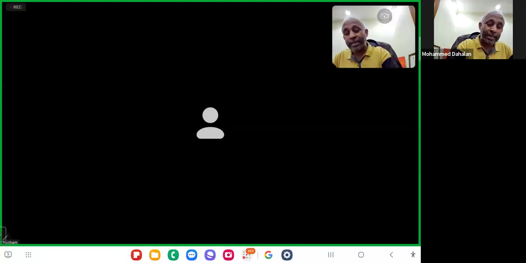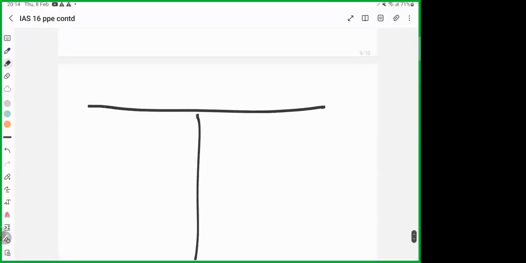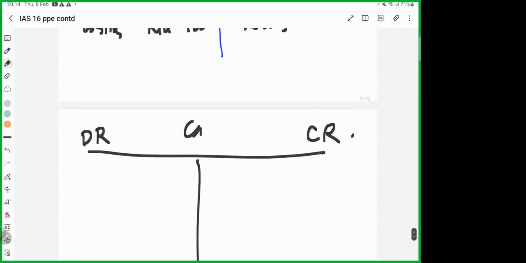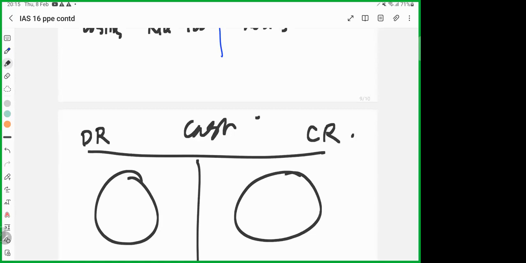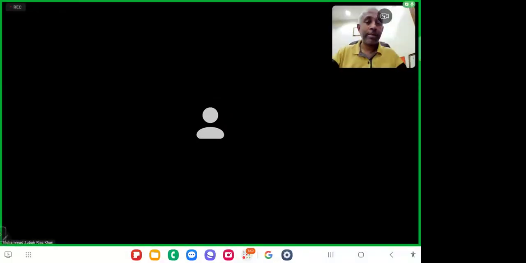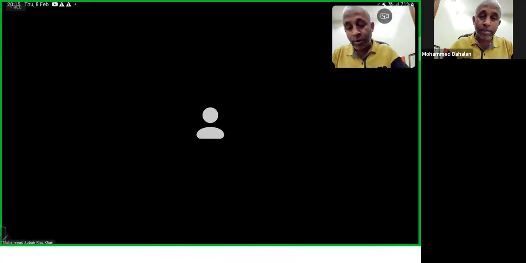That's how the ledger is created. We have a debit side and a credit side. Now, if you think about cash, all the cash I'm receiving is good for me or bad for me? Good. So that's on my left hand debit side, and whatever I'm losing is on my credit side. So this is just to make people understand, this is my way of interpretation. Clear? Yeah, clear.